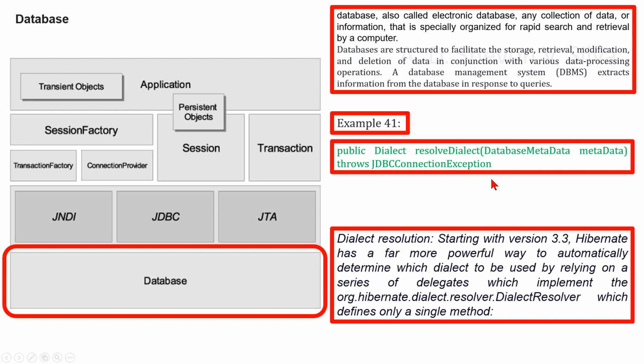Starting with version 3.3, Hibernate has a far more powerful way to automatically determine which dialect to use by relying on a series of delegates which implement the org.hibernate.dialect.resolver.DialectResolver, which defines only one single method. The basic contract here is that the resolver inspects the given database metadata and, if it understands it, returns the corresponding dialect. If not, it returns null and the process continues to the next resolver.